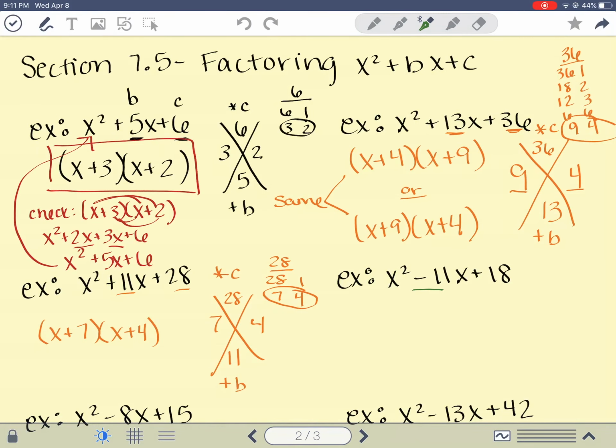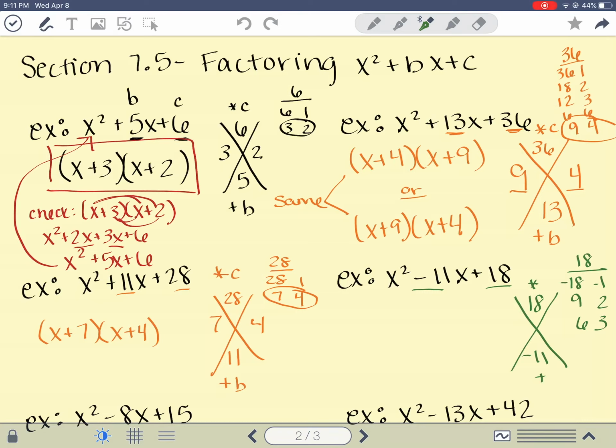Now we are getting into where we've got a negative and a positive. So I'm multiplying to my 18, and I'm adding to a negative 11. So I'm again going to write out my 18. I've got 18 and 1, 9 and 2, 6 and 3.